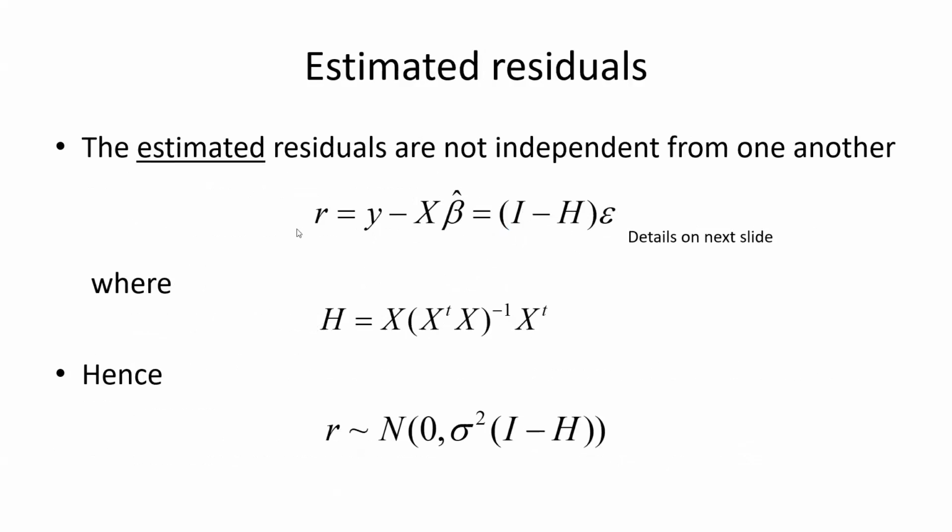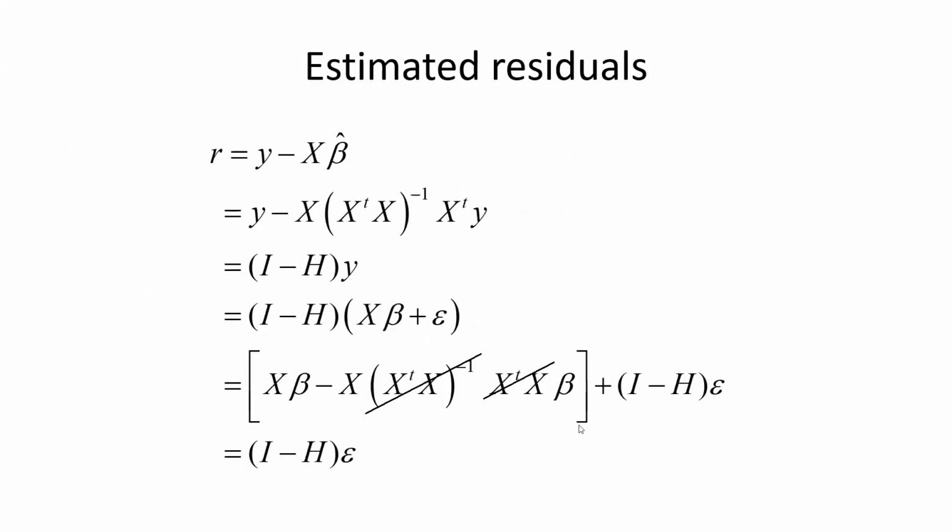And the variance based on this then is sigma squared times I minus H. And as I said, H is the departure from independence. It's not a lot, it's just a little bit dependent. And you can see the calculations here, how we get from up here to down there. I will not go through that one by one because it's too boring. You can look at that by yourself.